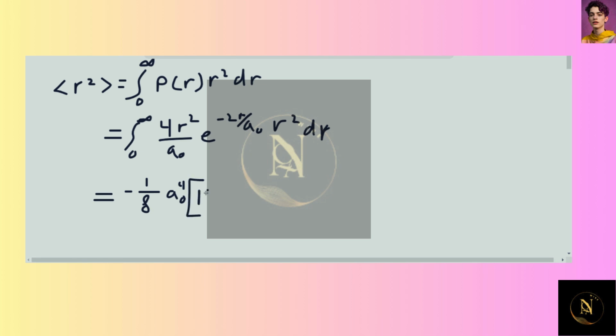We have 16 r divided by a naught to the fourth, plus 2 r to the third over a naught to the third, plus 48 r squared over a naught squared, plus 24.